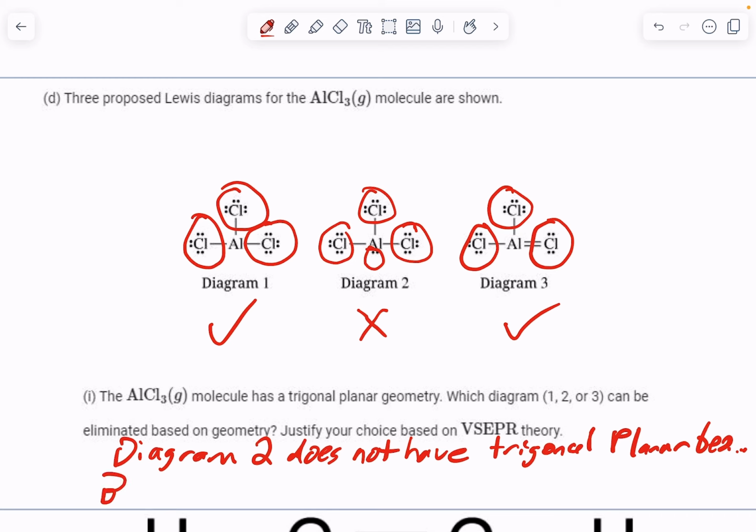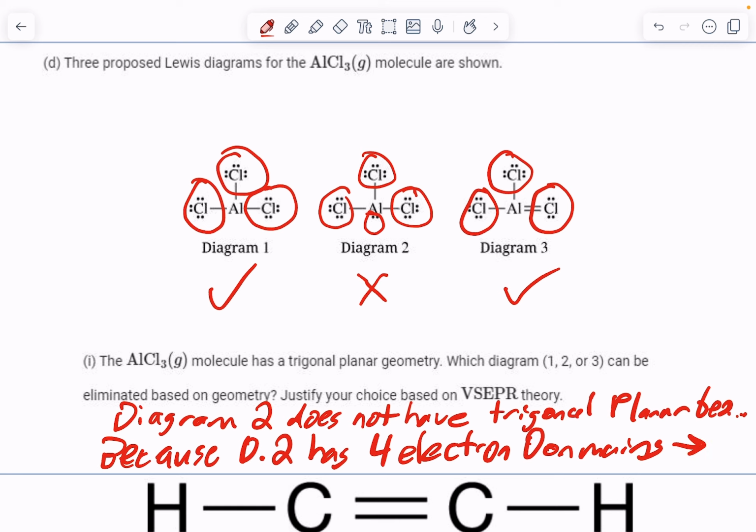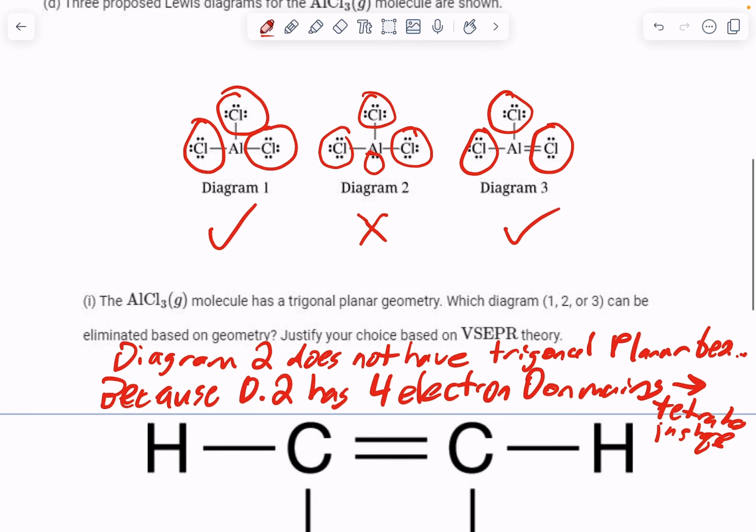I could say because diagram 2 has 4 electron domains, making it tetrahedral in shape. Okay, so it does not follow. That would be your justification along those lines to determine that it is not the correct diagram.